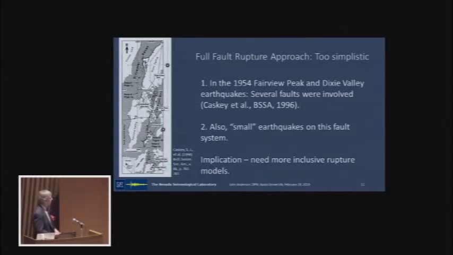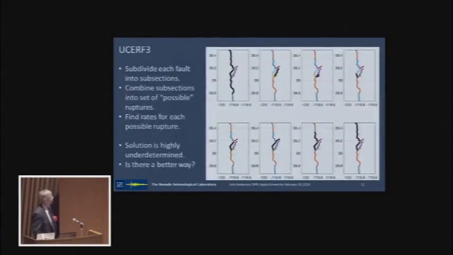And we need to have some system that is more inclusive of the rupture models. Now, in California, in the latest version, they used a model which is called USURF-3, where they subdivided faults into subsections and then looked for all of the possible combinations of subsections.